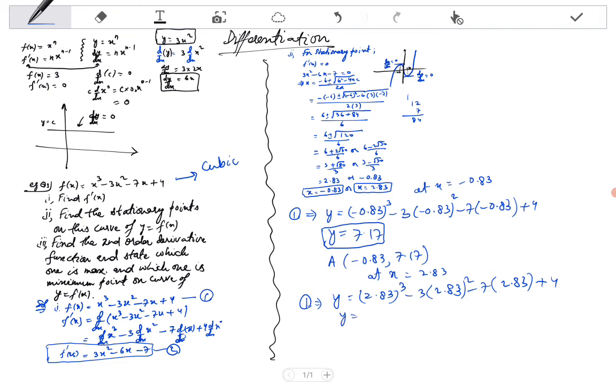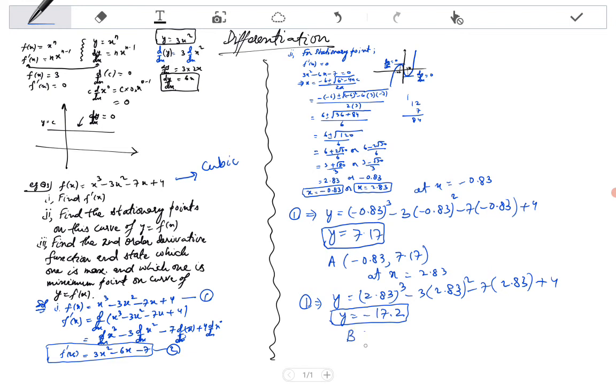So in the same expression I am just replacing negative 0.83 with 2.83. So this is coming minus 17.17, so I am writing minus 17.2, and this answer is negative.